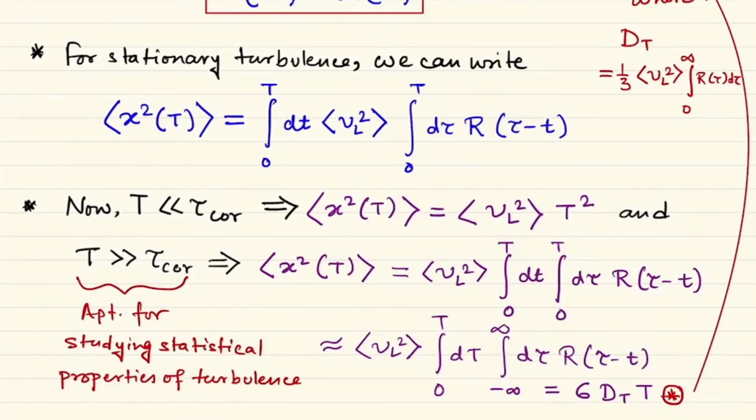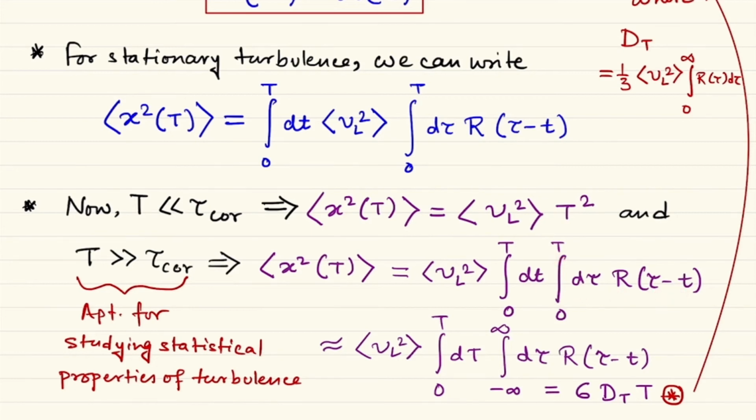Now if we are in this position, then we can say that this mean square displacement will simply be <V_L^2> averaged, which is constant, so it comes out, times the integration 0 to t dt, integration 0 to t dτ r(τ − t).